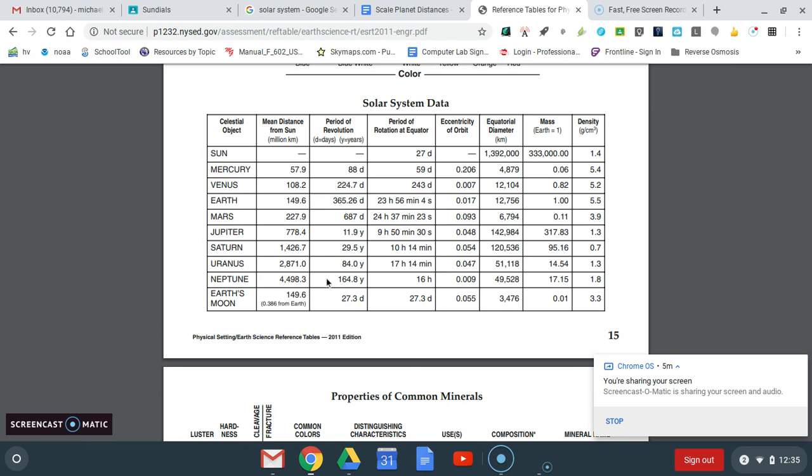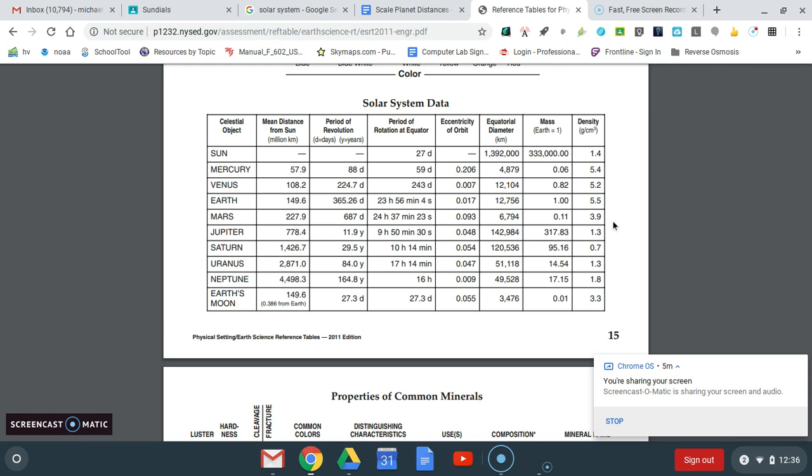For that reason, we always see one side of the moon, and we call that the near side of the moon. The side we don't see, we call the far side. Some people refer to it as the dark side. I don't like that term because sometimes that far side of the moon is completely illuminated with sunlight and is not dark at all. But that's really getting into another lesson in itself.